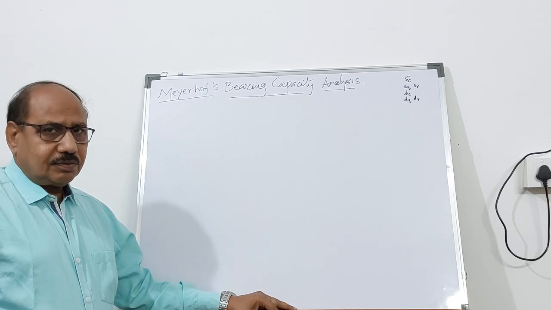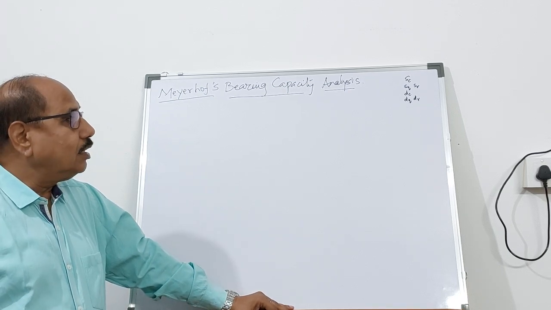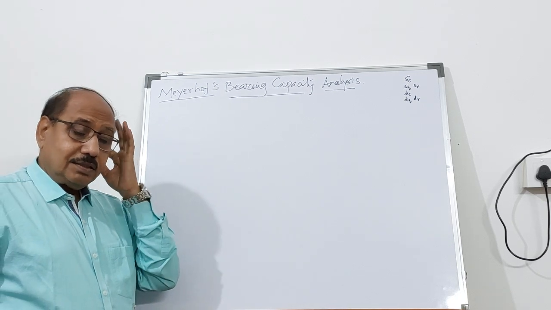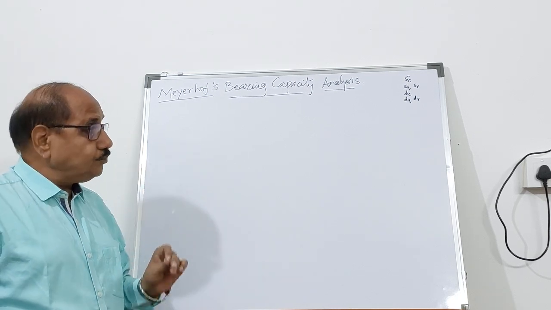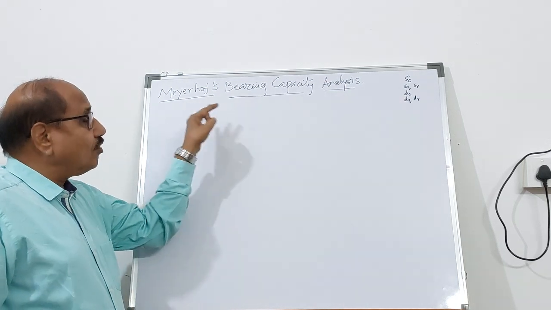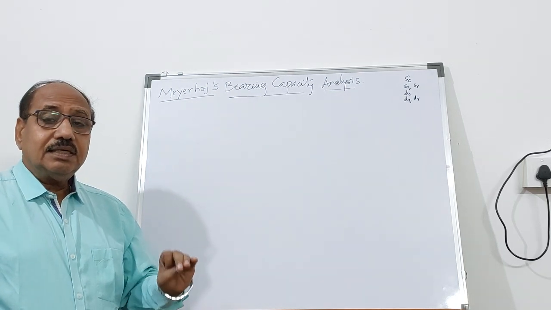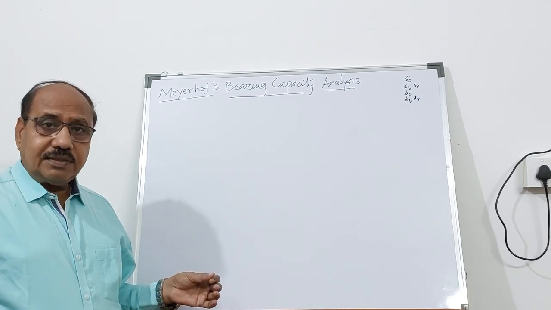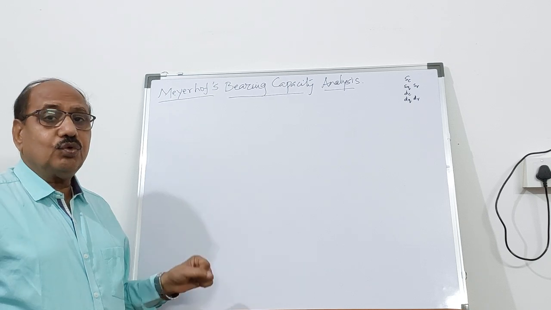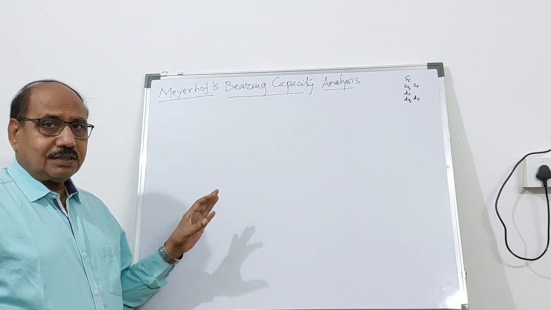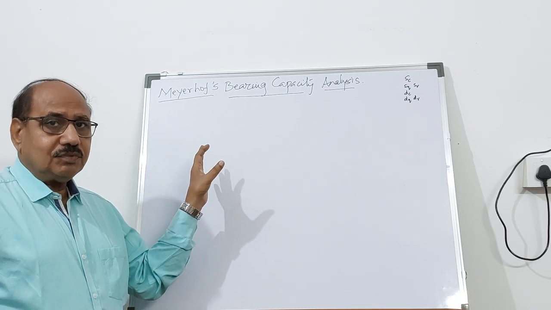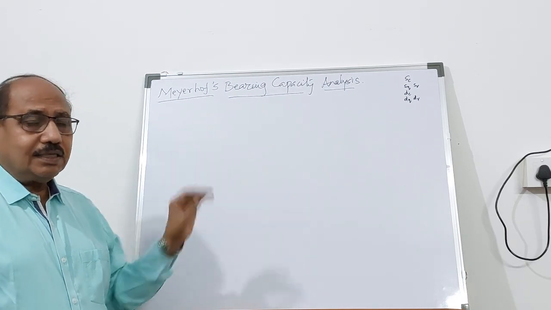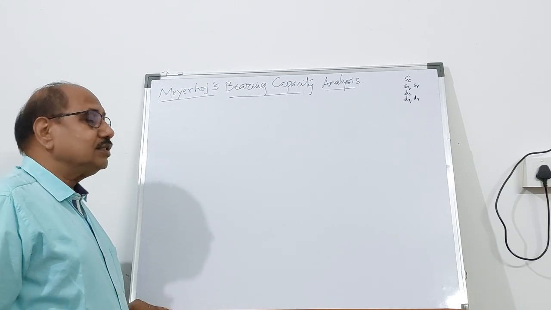Terzaghi's analysis is for general shear failure and for continuous footing, whereas Meyerhof's bearing capacity analysis takes into consideration different shapes, depth effect, inclination of the loading, all those things. So it's quite versatile. It's a good improvement over the Terzaghi's bearing capacity equation.